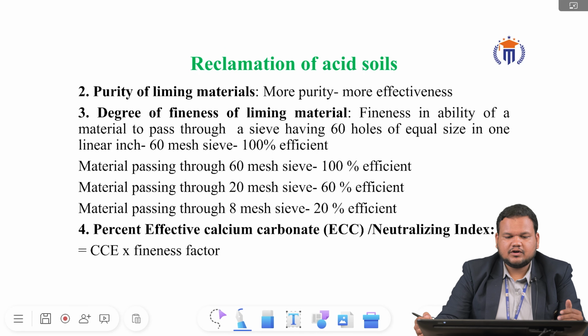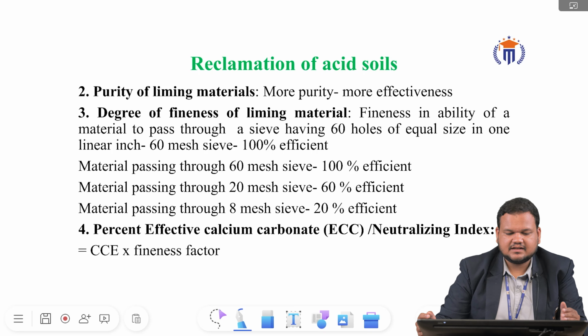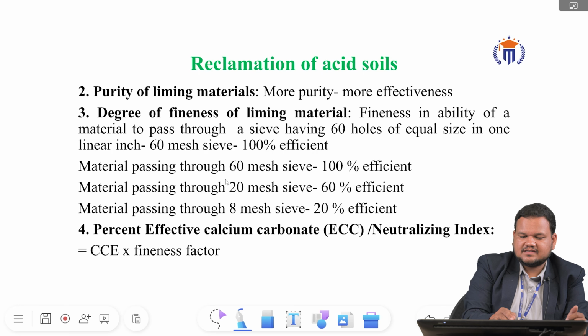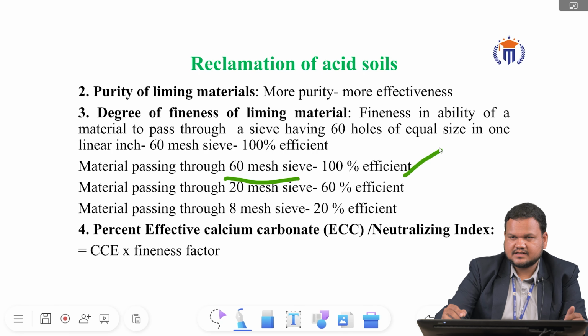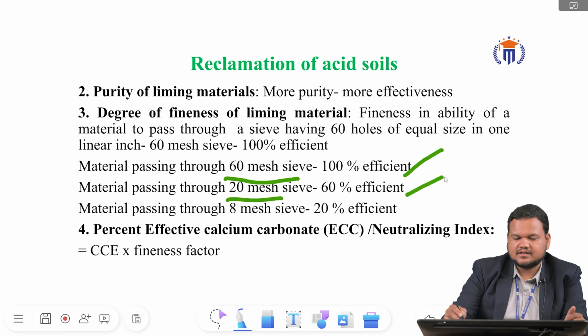Next, coming to your purity. The more the purity, the more the effectiveness, which means there is very little residue within the liming material. Next is degree of fineness, which means if the material passes through a 60 mesh sieve, then it is 100% efficient. If the material passes through a 20 mesh sieve, then it is 60% efficient.